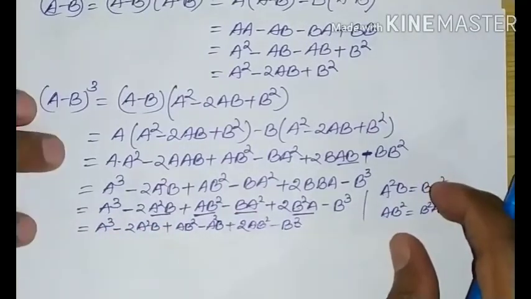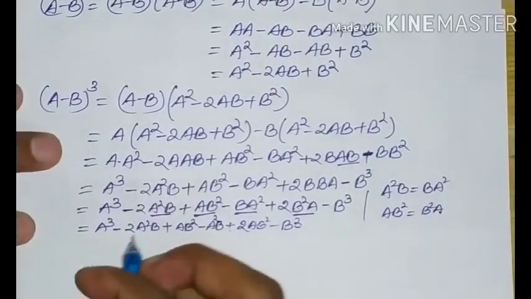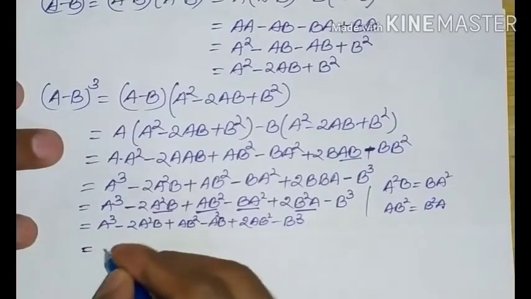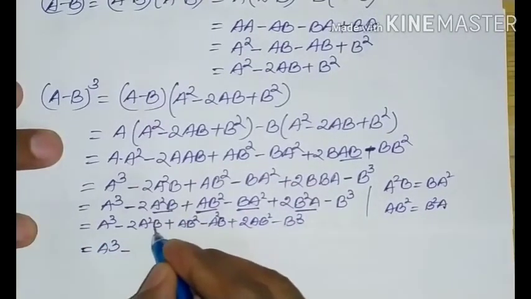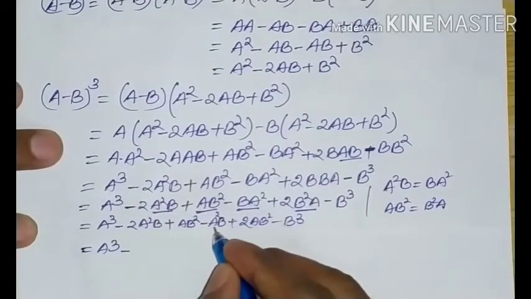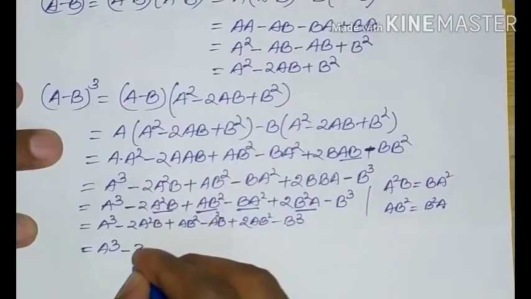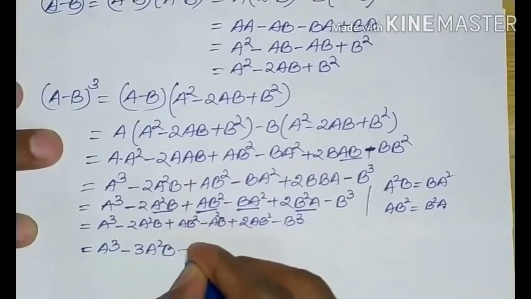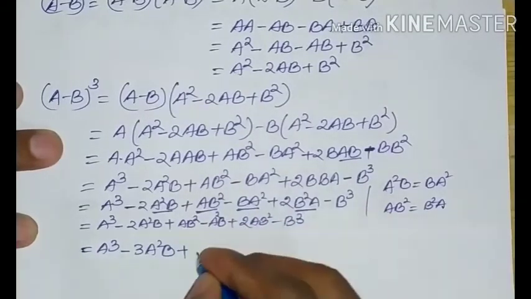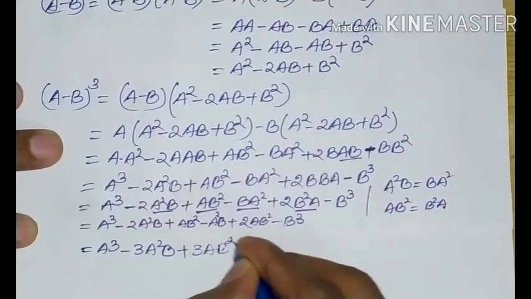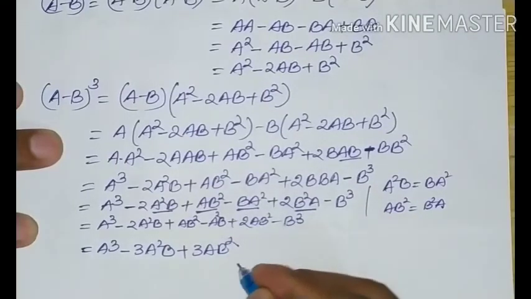Now it will become A cube minus 2A square B minus A square B, then it will be 3 times A square B, plus AB square plus 2AB square, then it will be 3AB square minus B cube.